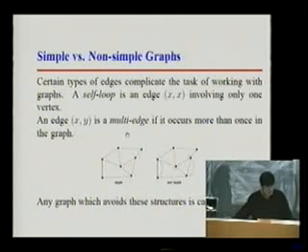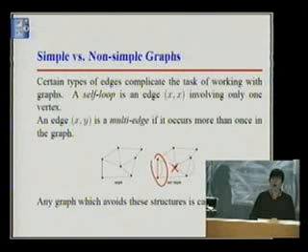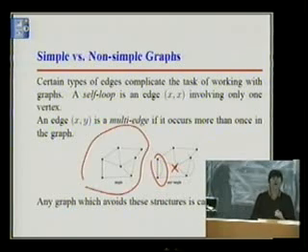We say that a graph is simple if it has no self-loops and no multi-edges. What is good about simple graphs? Well, they're simpler to deal with. Often a program that will work on a simple graph will crash when you run it on a graph which has a self-loop or a multi-edge, right?